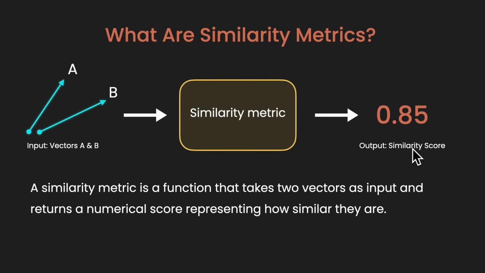Now this number helps us understand whether two pieces of data are close to each other or far apart in the vector space. Now different metrics define similarity differently, and that's what makes this topic interesting. So just remember that a similarity metric is just a function that takes two vectors as an input and returns a numerical score representing how similar they are.